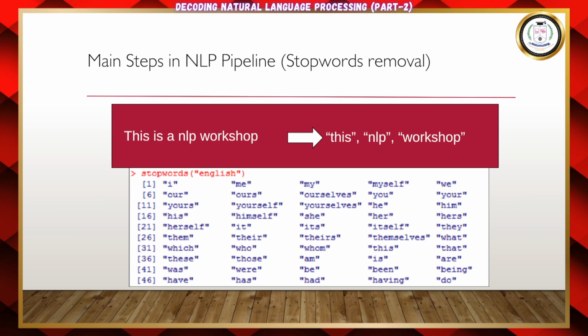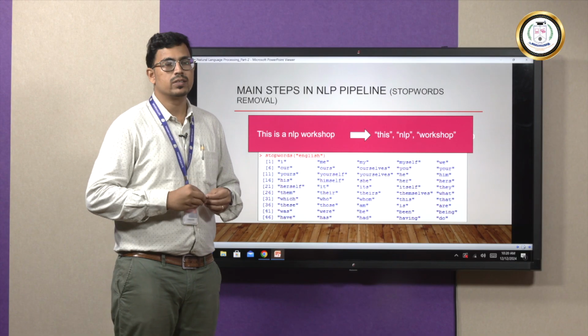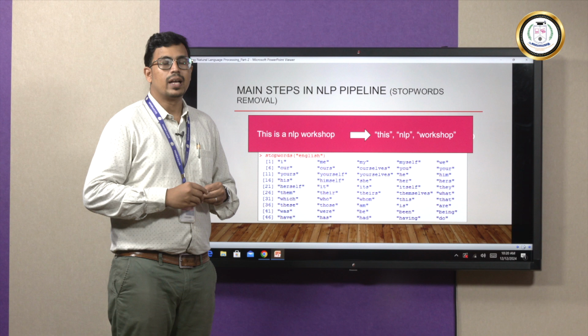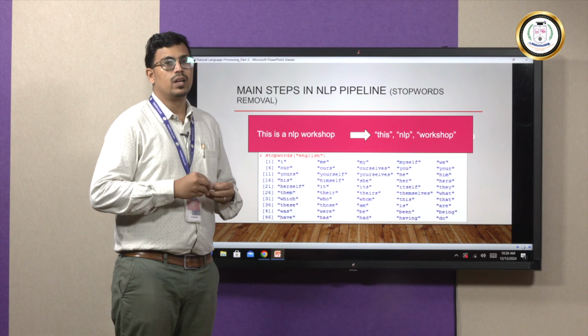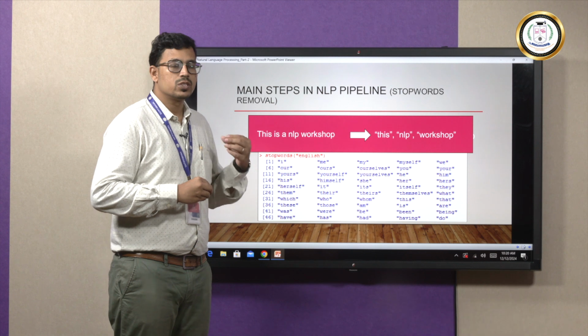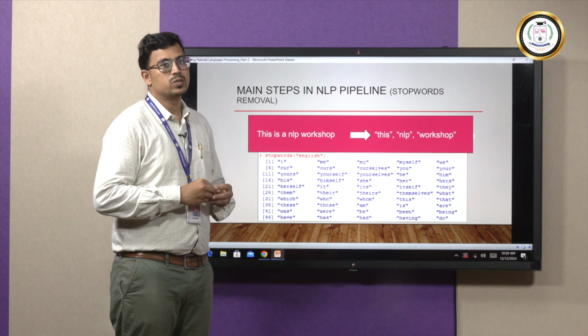The next one is stopword removal. In any ML or DL model we have the concept of noise removal. Similarly, in natural language processing there are certain stop words in any human language, and such words have to be eliminated because they are considered noise.